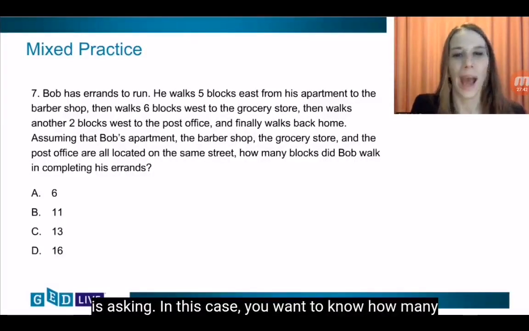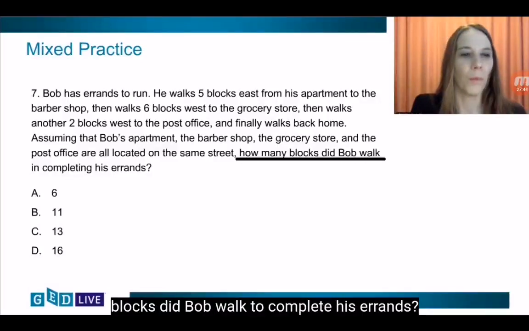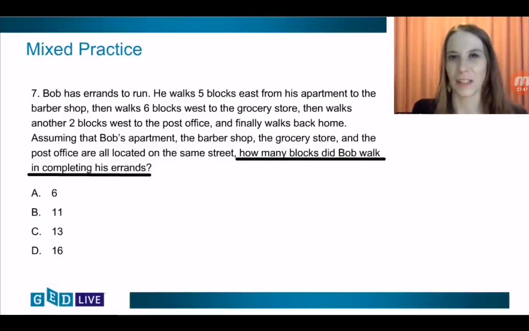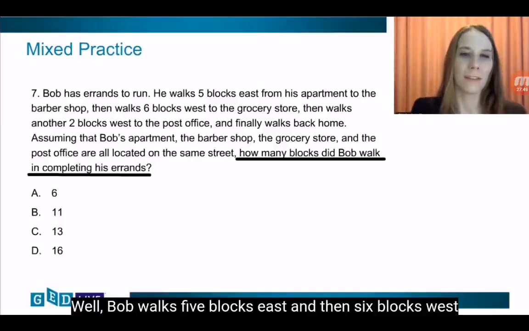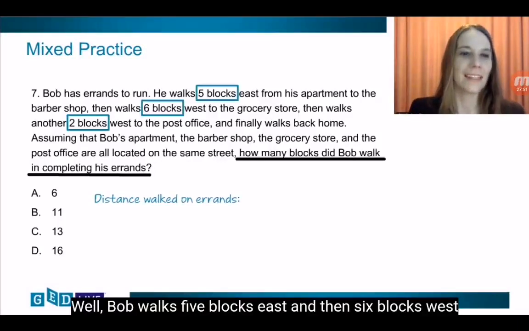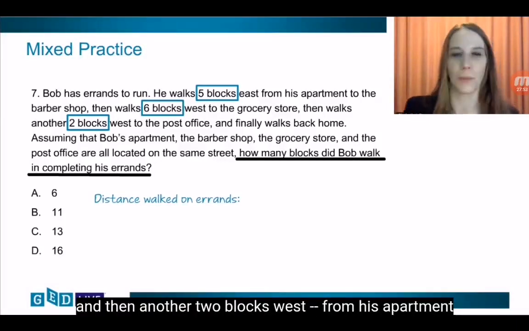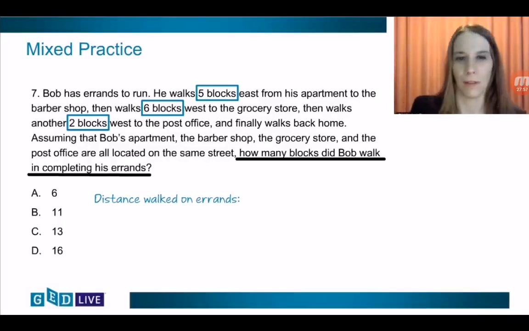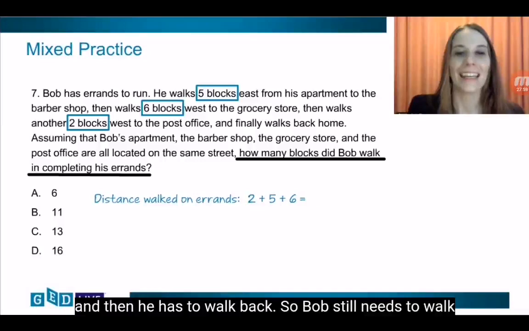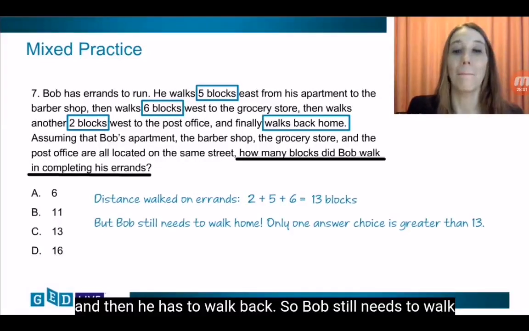In this case, you want to know how many blocks did Bob walk to complete his errands? Well, Bob walks 5 blocks east, and then 6 blocks west, and then another 2 blocks west, from his apartment to the barbershop to the grocery store and to the post office. And then he has to walk back.